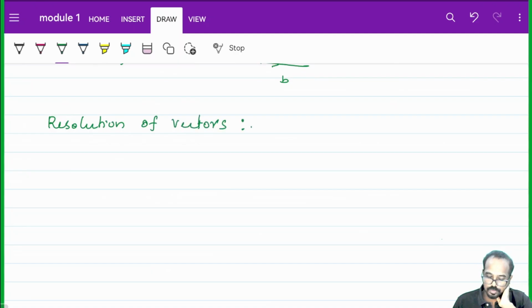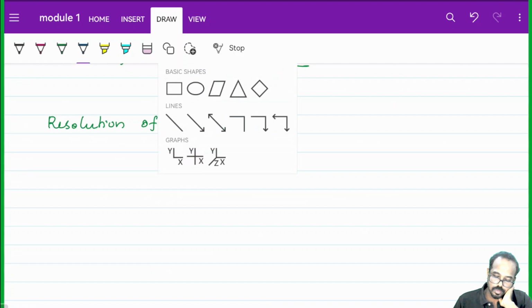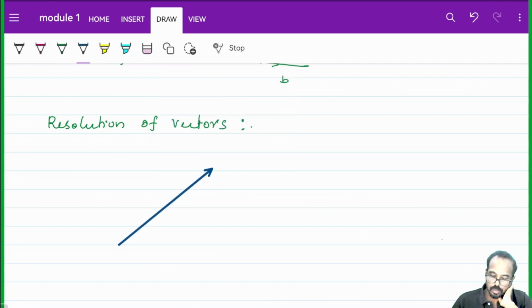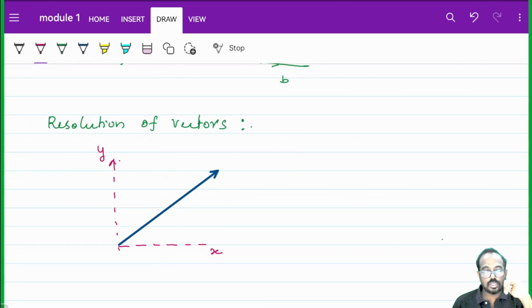Resolution of vectors. If a vector is given, look at this. A vector is given in the paper. You know that this is at an angle with the x-axis. Your analysis will be between the x-axis and y-axis. For calculation, you can resolve this.